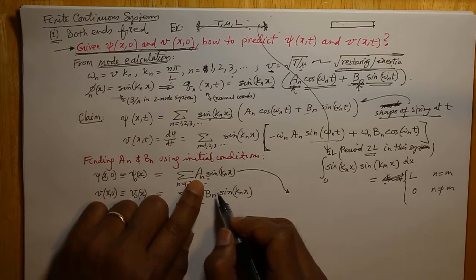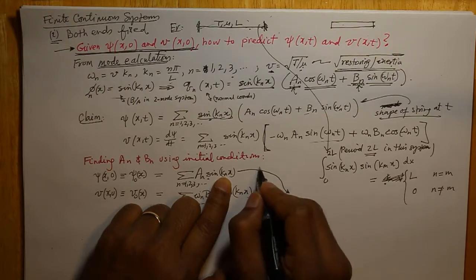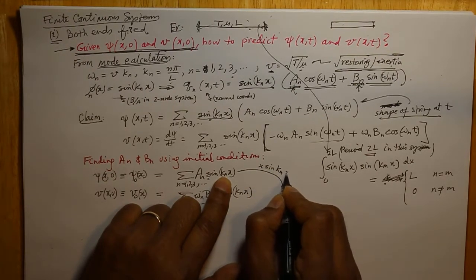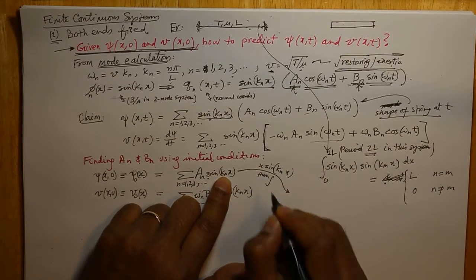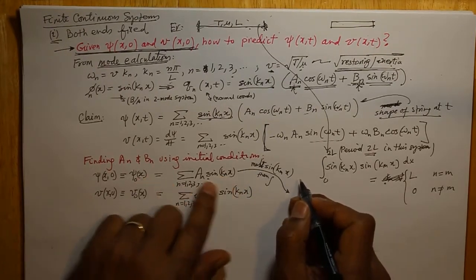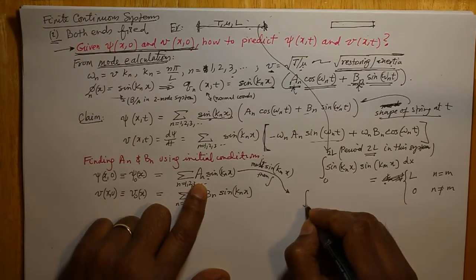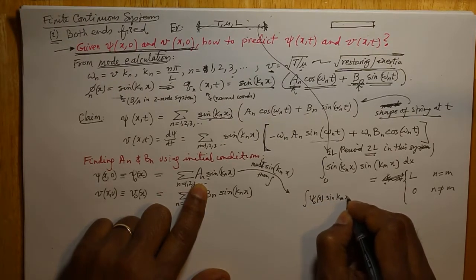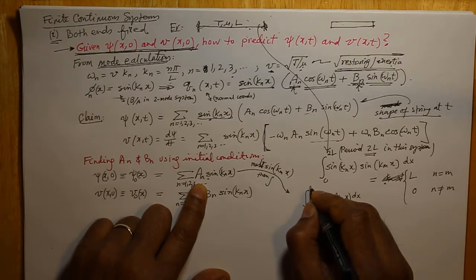Let's say I want am. Then I multiply both sides with sine km x, and then integrate. So multiply by this on both sides and integrate. On the left side it's going to be psi 0 x times sine km x dx from 0 to 2L.